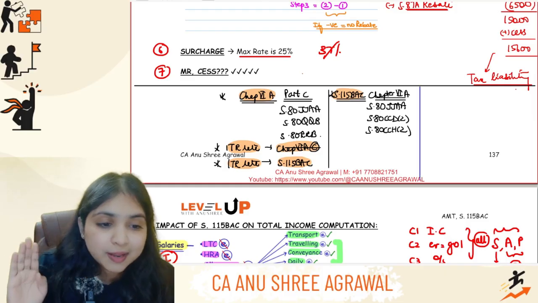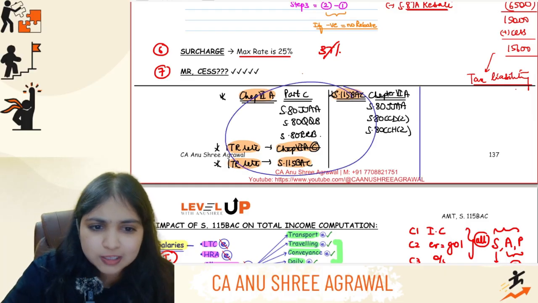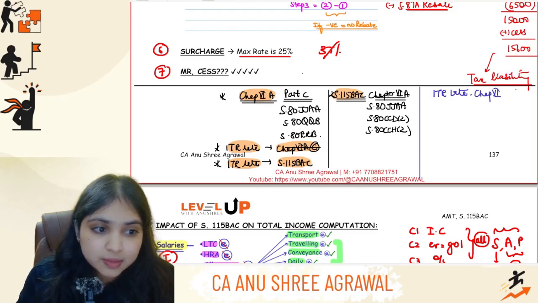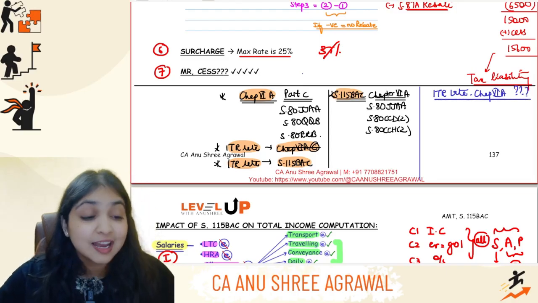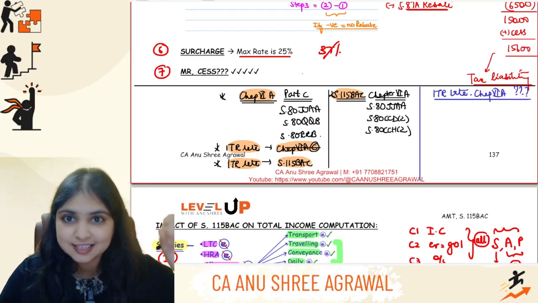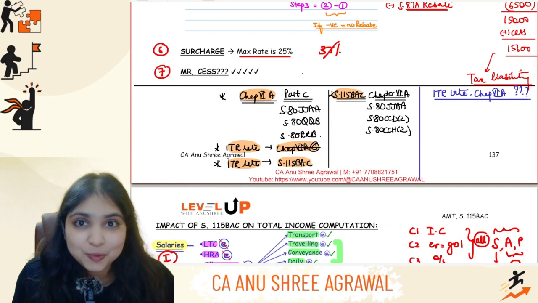Now my question for you, on the basis of all this knowledge, answer my question. The assessee has filed ITR late. Now, under Chapter 6A, which sections can the assessee claim? Tell me. What will your answer be?